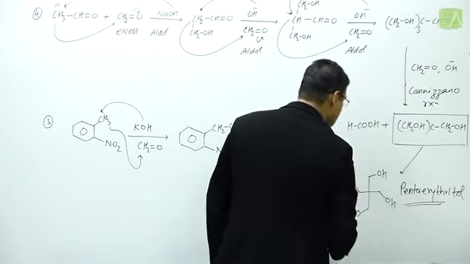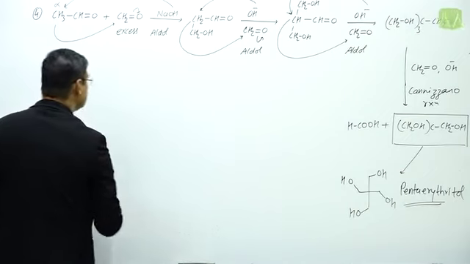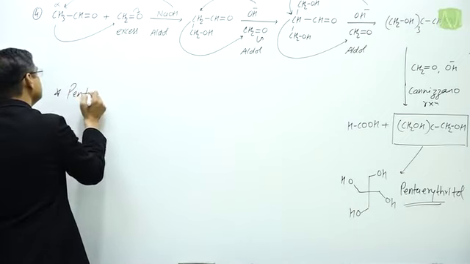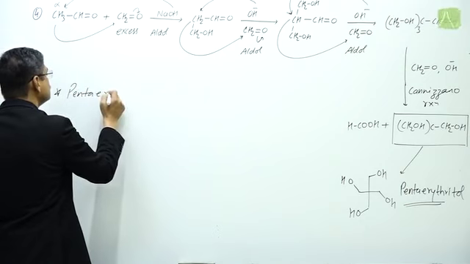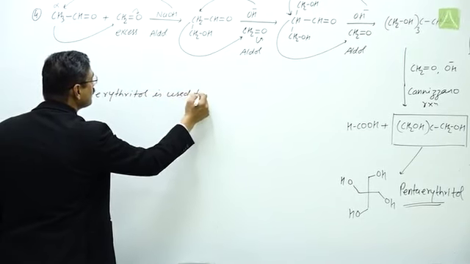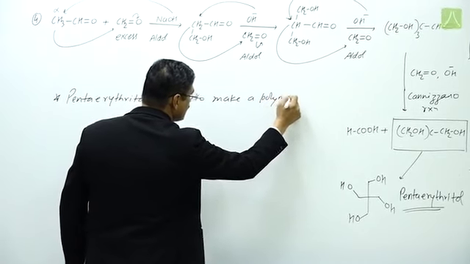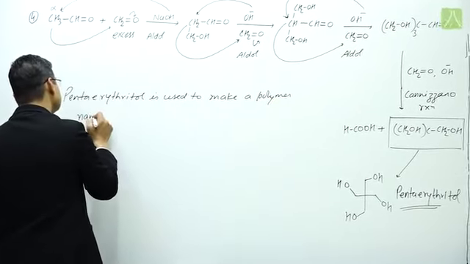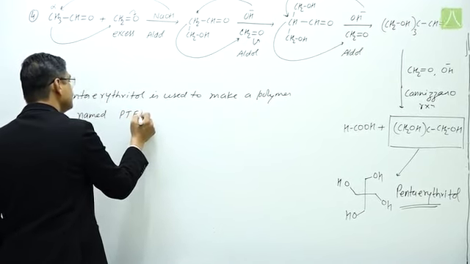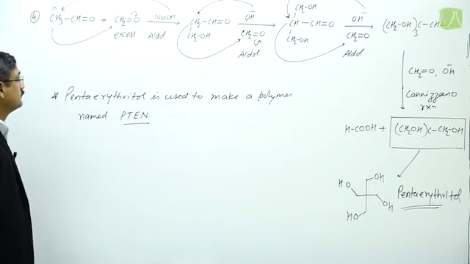This is a very important example, and pentaerythritol is used to make a polymer named PETN. Now this is the detailed discussion of aldol reaction.